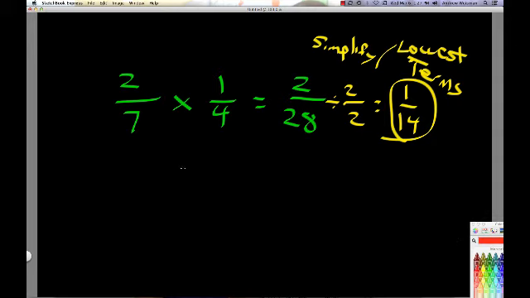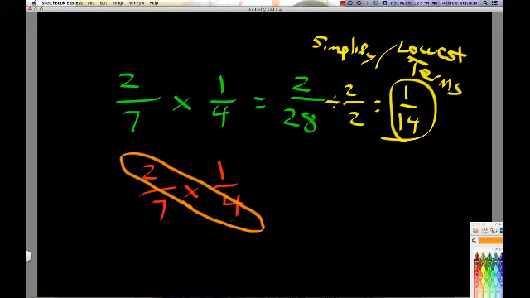Another way of doing this is to think about canceling. So I'm just rewriting this here and making it 2/7 times 1/4. And we can look at our diagonals or our cross products. And I see I have 2 and 4. Well, 2 goes into 2 once, and 2 goes into 4 twice.